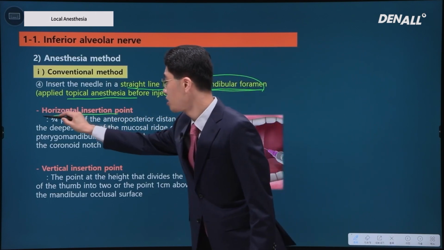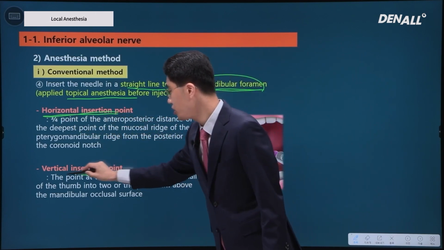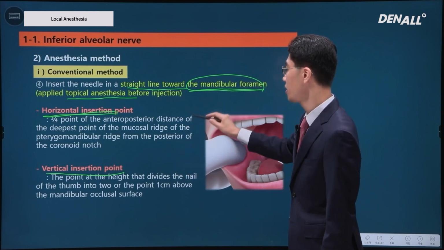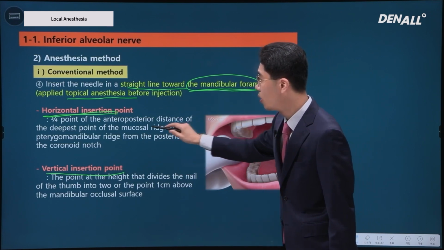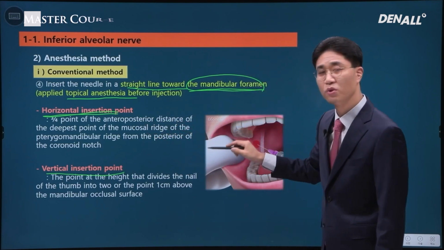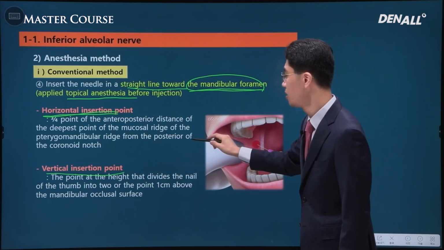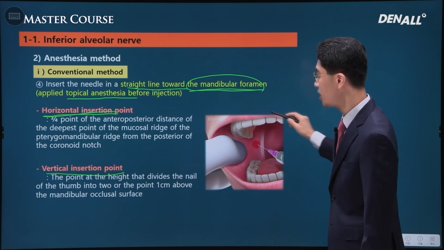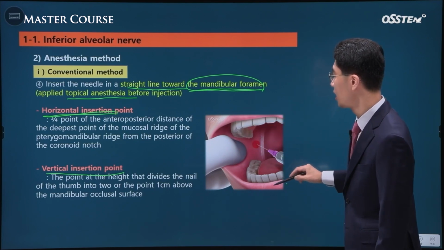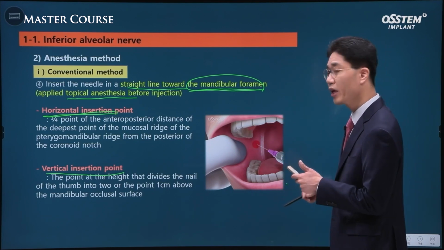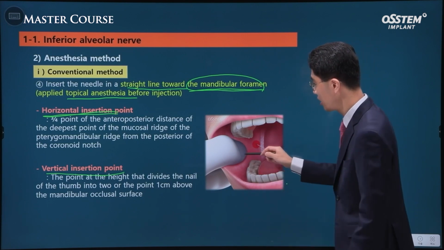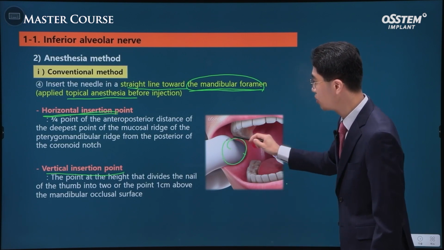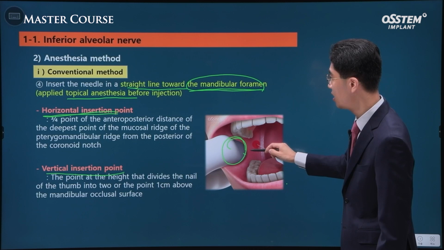So there, you can think of the horizontal position and vertical position. If you look at the written text, it's very difficult to understand. So I believe a visual aid is more effective. As mentioned, the thumb of your left hand goes in the patient's oral cavity and is positioned on the mucosal ridge.